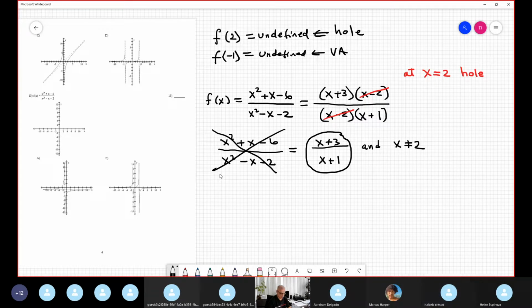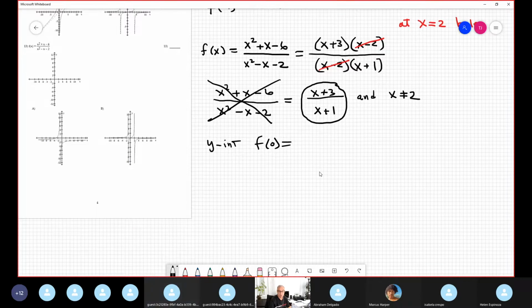Yes. Very well. Ok, then the Y-intercept is evaluated at 0. But am I going to evaluate at 0 where? In the ugly original or in the new one? The new one. Then 0 plus 3 divided by 0 plus 1. The answer is 3. The point (0,3) is our famous Y-intercept.